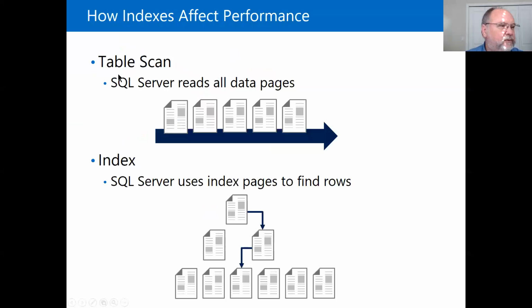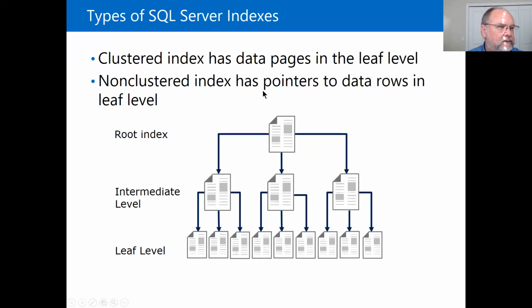Now, let me show you why I say that. With a clustered index, we have my pages. The first page is called the root index, or you'll often hear it called the IAM page. IAM stands for index allocation map.